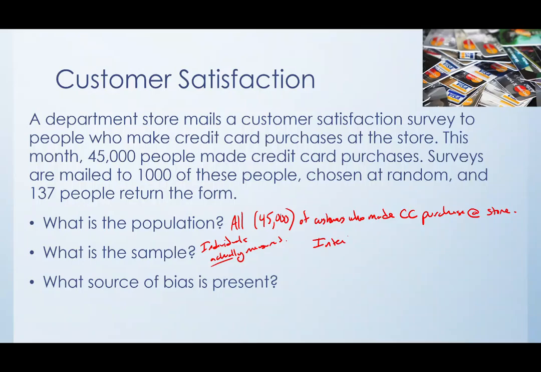The intended sample was the 1,000 customers. I'm going to add this month to the population. So the intended sample is the 1,000 customers of the store who made credit card purchases. I'm not going to write all of that down, but the actual sample is only the 137 who returned the form, presumably filled out.